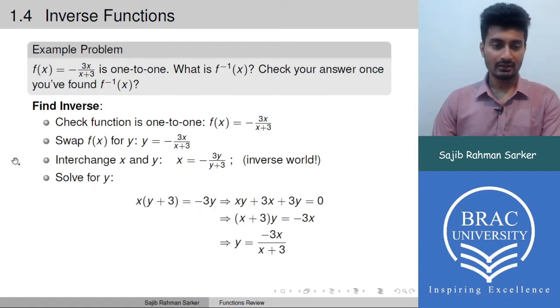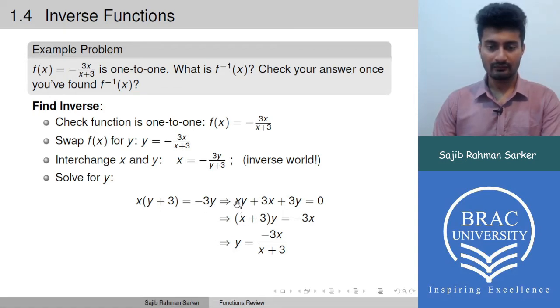Now we go ahead and solve for y. We have this equation now, and we're going to solve it for y. We multiply both sides by y plus 3, and this is what we get: x times y plus 3 is equal to minus 3y. Now we multiply it through and bring this term to the left side.